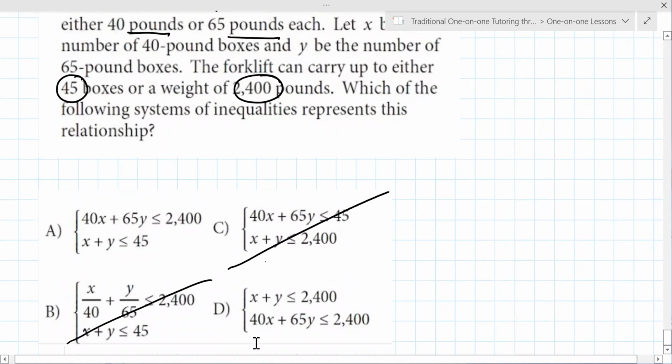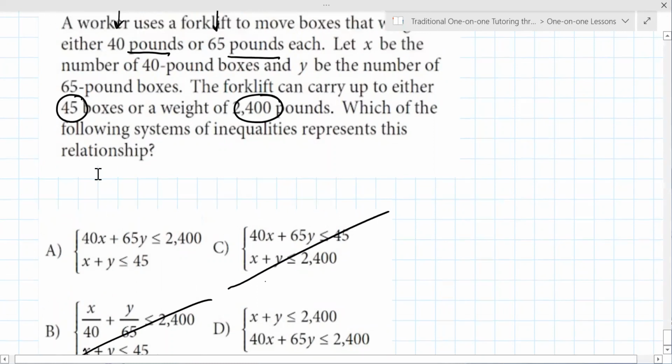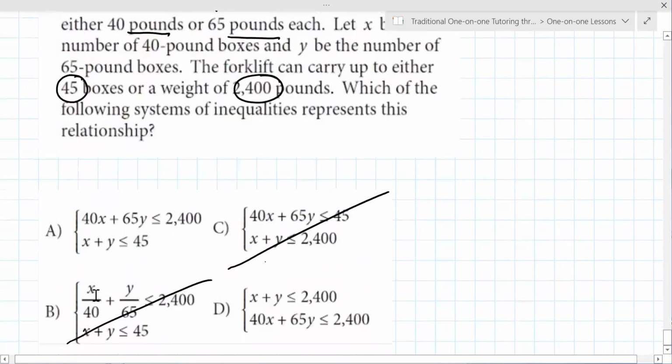Now look at A and D. What's the difference between these two equations? D is saying 2 boxes has to at least be 2,400, versus 40 X boxes and 65 Y boxes can be at most 2,400. Yeah.